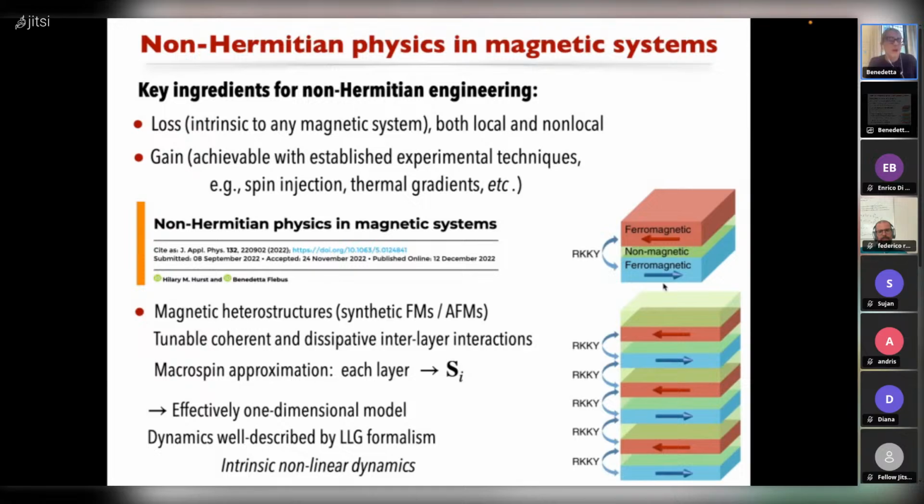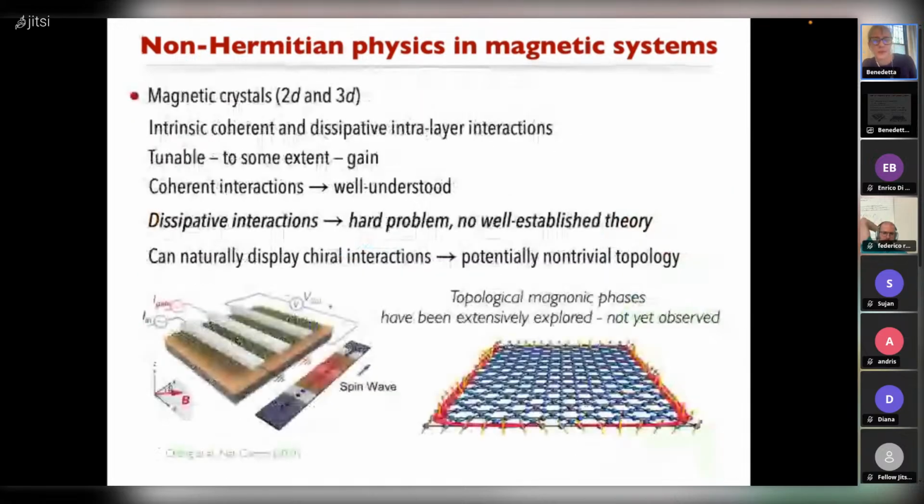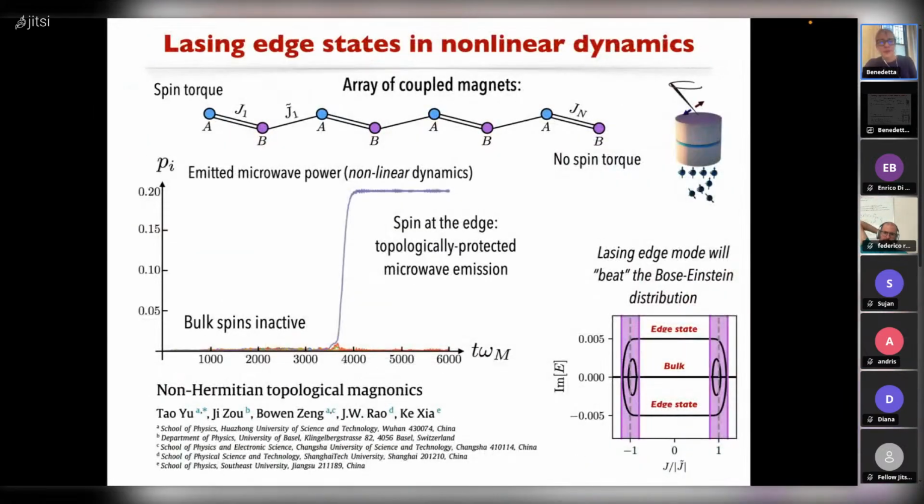So it's really a macro spin approximation. When you think about this A and this B, you can think about this ferromagnetic slab, and by sandwiching them between some metallic spacer, I can also engineer coherent interactions among them.